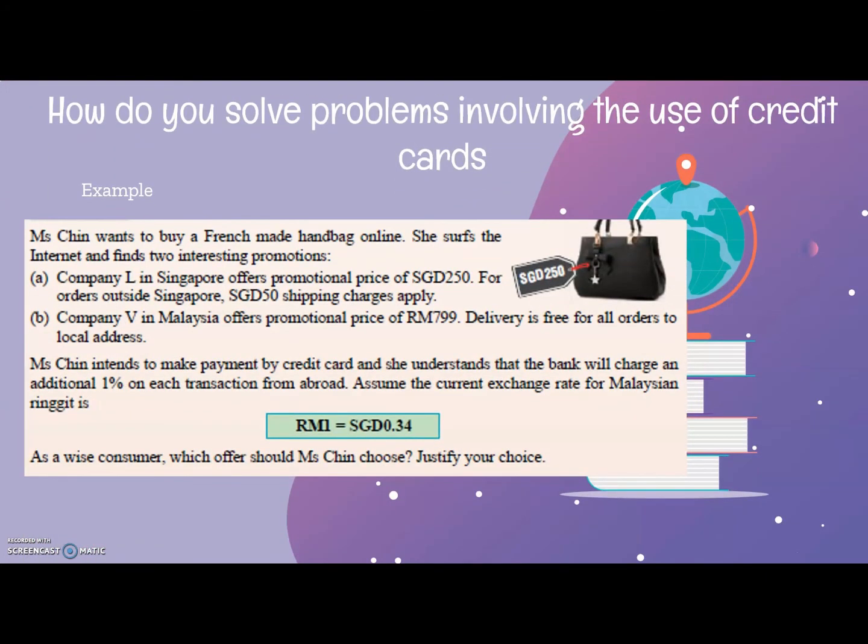Okay, next is an example on how to solve problems involving the use of credit cards. The example: Miss Jean wants to buy a French-made handbag online. She surfed the internet and found two interesting promotions. First, Company L in Singapore offers a promotional price of SGD250.